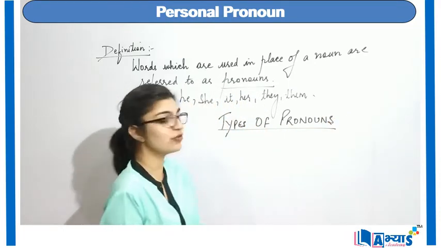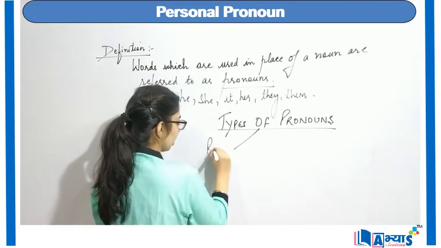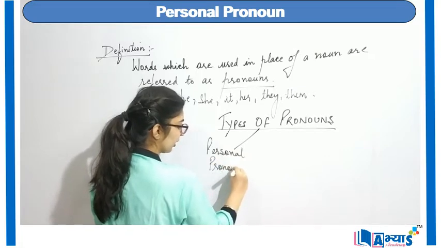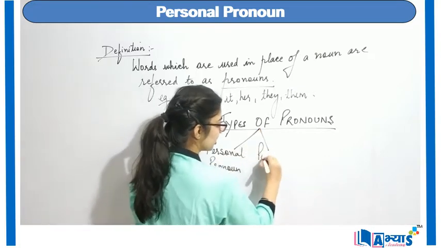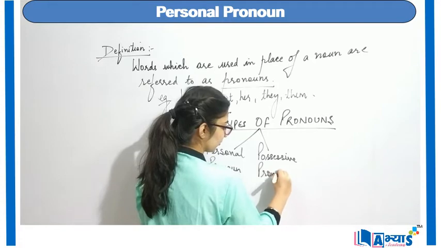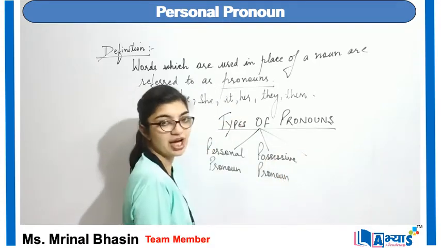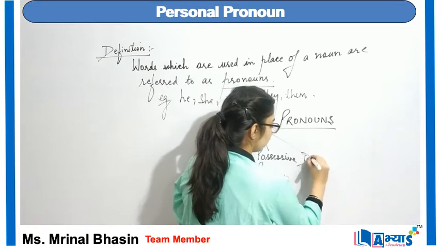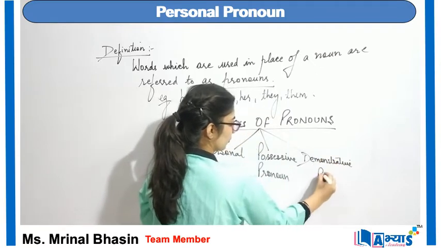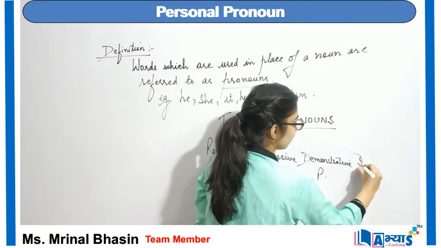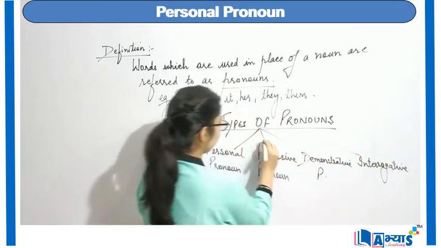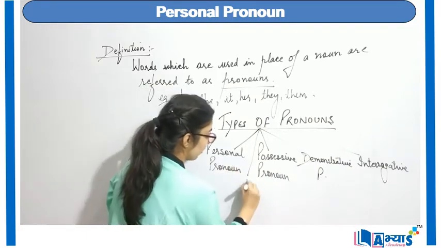So the different types of pronouns are, first is personal pronoun, second type is possessive pronoun, next type of pronoun is demonstrative pronoun, next type is interrogative, and the last type of pronoun is relative pronoun.